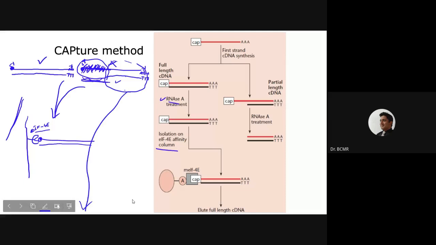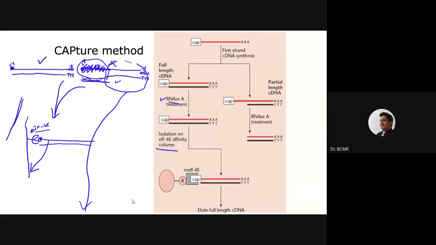Okay, and now after washing the column, we will elute this and process the second strand synthesis in methods that we have described earlier. Okay, so let me say it once more before I go to the last slide. Here in the capture method, as the name indicates, it is about exploiting the presence of GCAP on eukaryotic mRNAs.